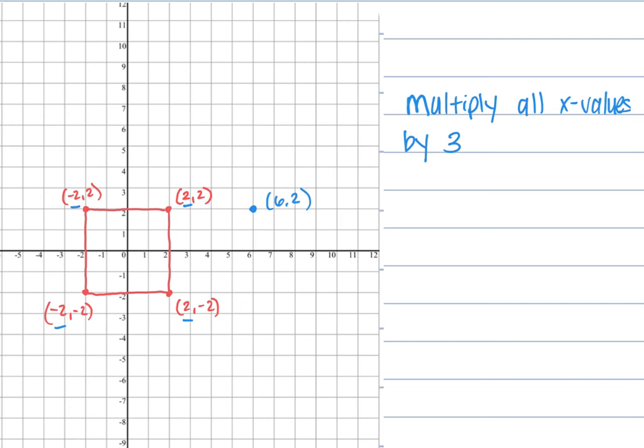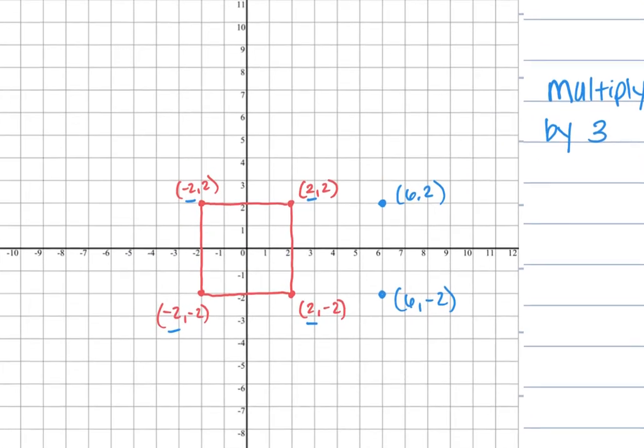What would this point down here change into if we multiplied the x value by 3? Emma? 6, comma? Excellent. It would be 6, negative 2. Okay? What about the ones on the left? What about this one up top left? Negative 2, 2. What would that new point be, Zoe?